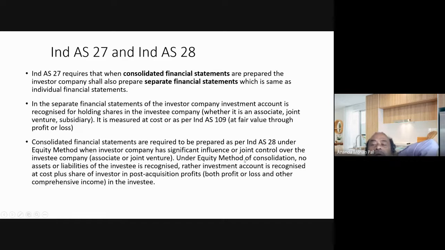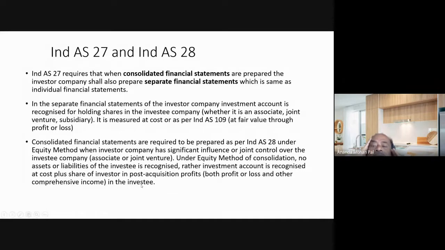Under the equity method of consolidation, no assets or liabilities of the investee are recognized. Their assets and liabilities are not taken into consideration, not combined. Rather, only the investment account is recognized at a different value, not at cost or as per Ind AS 109. The investment account is measured at cost plus the investor's share in post-acquisition profits, both profit or loss and other comprehensive income in the investee.